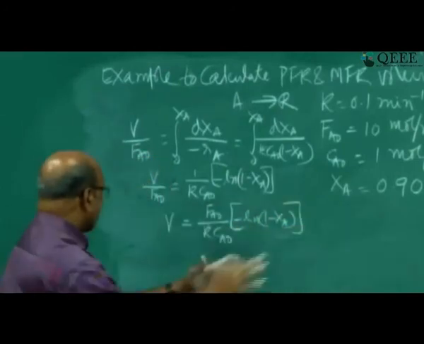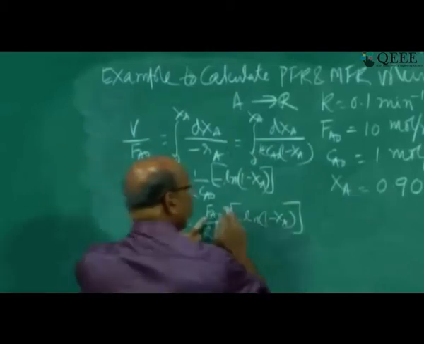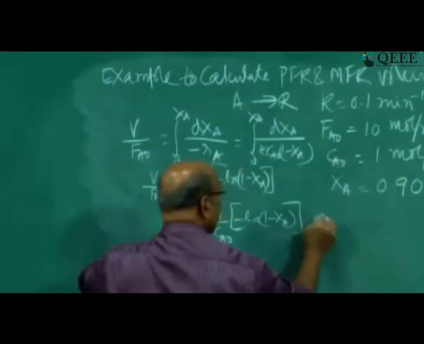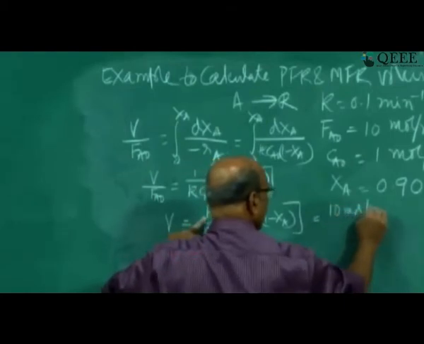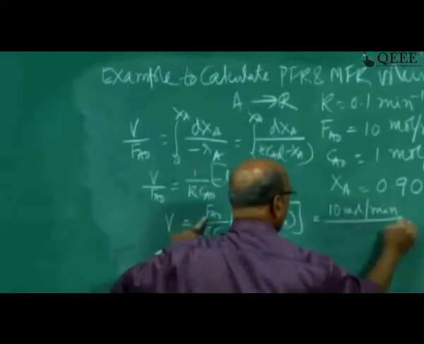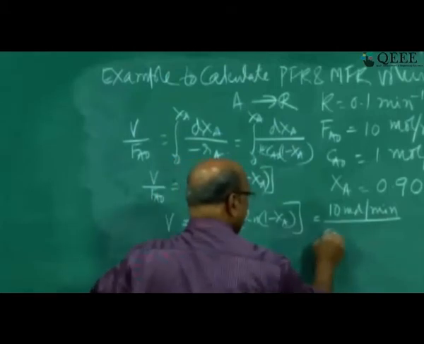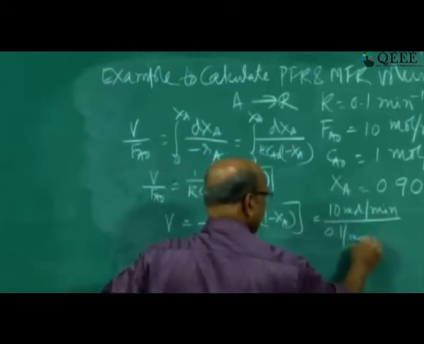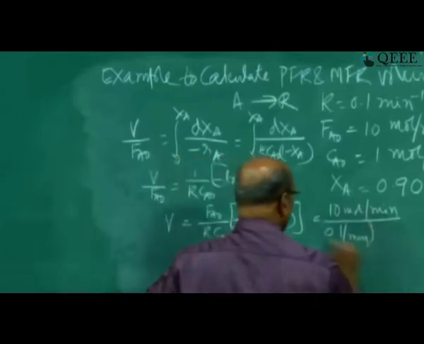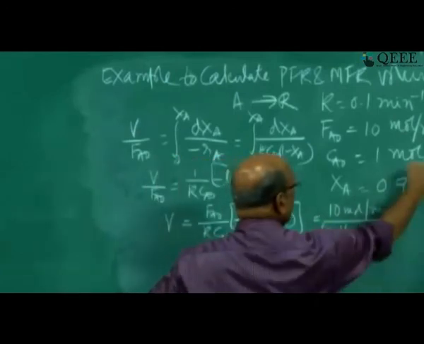Now let us substitute these values. Fa0 I know. Fa0 is 10 moles per minute. And K is 0.1 per minute. And Ca0 is 1 mole per liter.